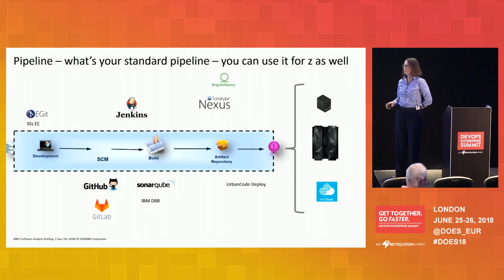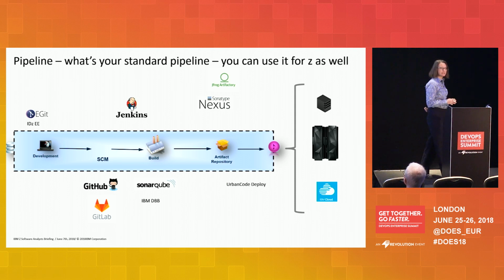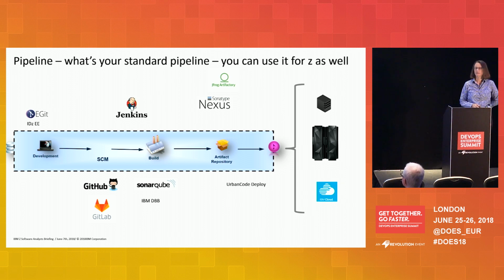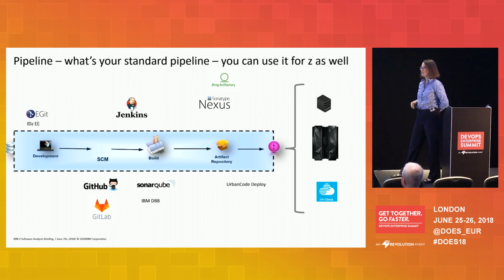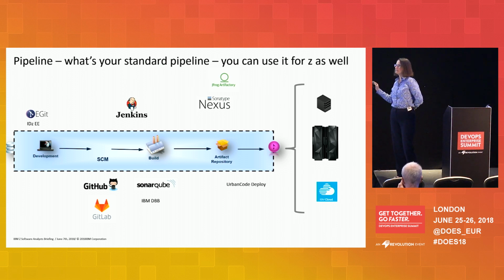But the biggest thing we've been doing, and you're going to notice on this chart a whole bunch of open source, is saying you have a pipeline. You have decided on some choice of pipeline. It might be GitHub, it might be GitLab, it might be Bitbucket.